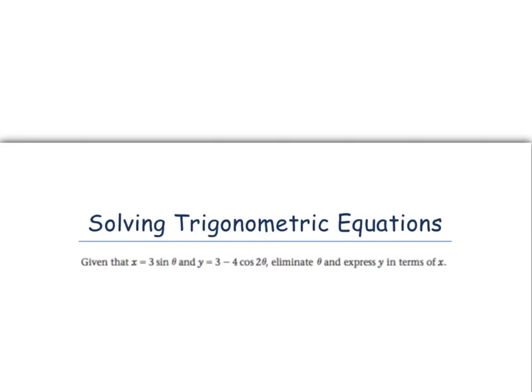So firstly, if we rearrange the first equation, if we divide both sides by 3, we've got x over 3 is equal to sine theta. And if we look at the other equation, we have y equals 3 minus 4 cos of 2 theta. Now, earlier on in Core 3, we've looked at other ways of expressing cos 2 theta.